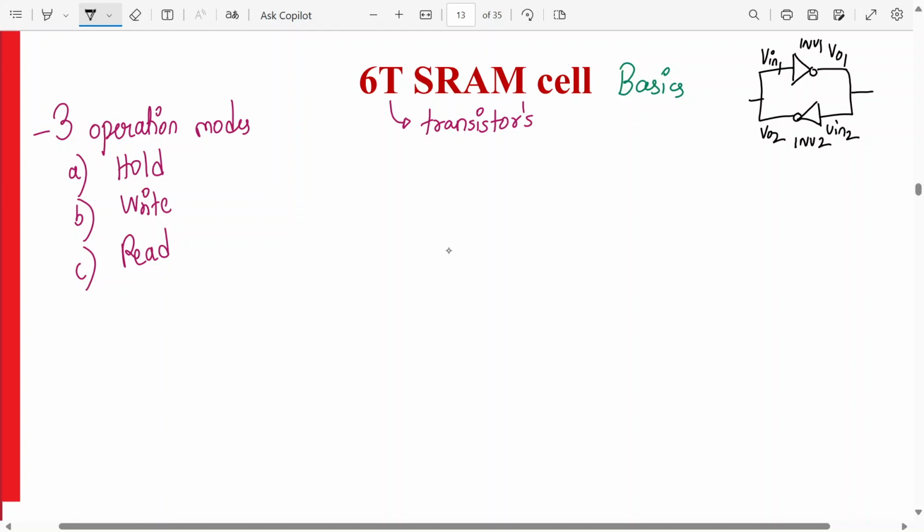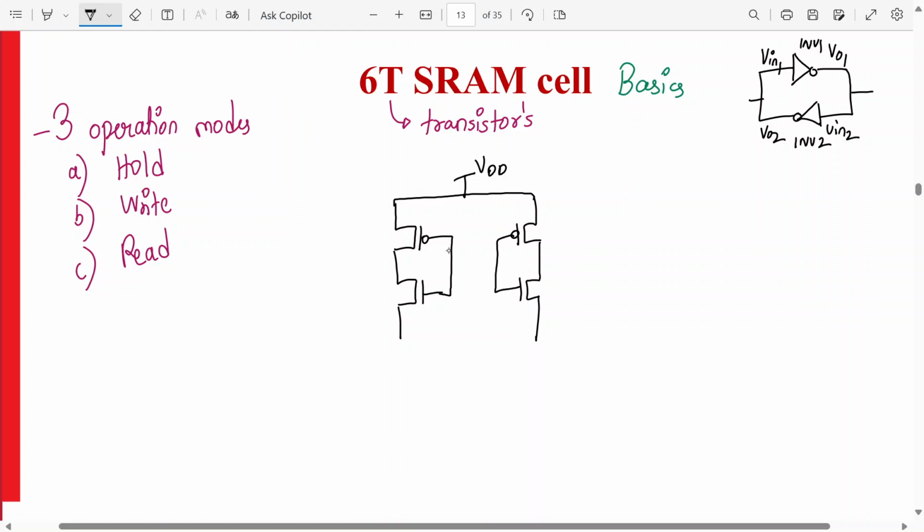So please draw the inverters in this manner. This is VDD, this is ground.